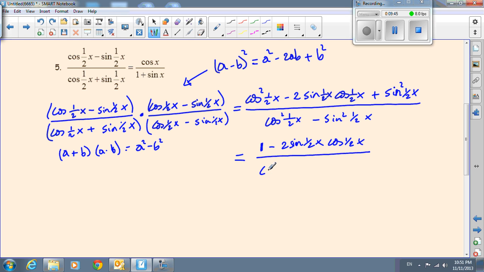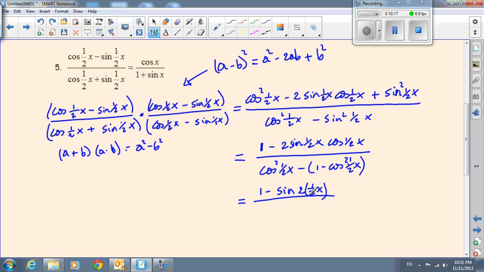So I will say cosine squared of 1/2 x minus 1 minus cosine squared of 1/2 x again. So on top, I will have what? Note that 2 times the sine of 1/2 x cosine 1/2 x looks like my double angle. So this is 1 minus actually the sine of 2 times 1/2 x.